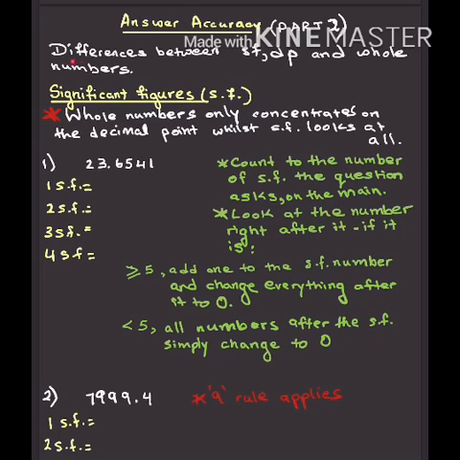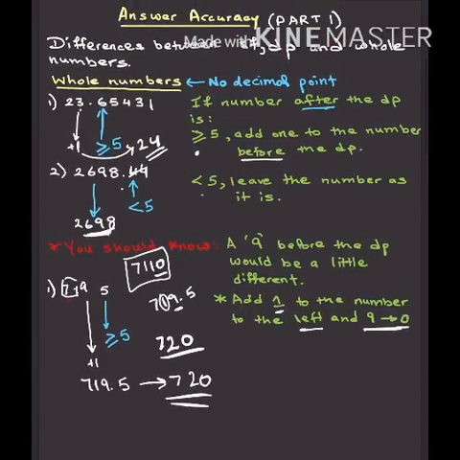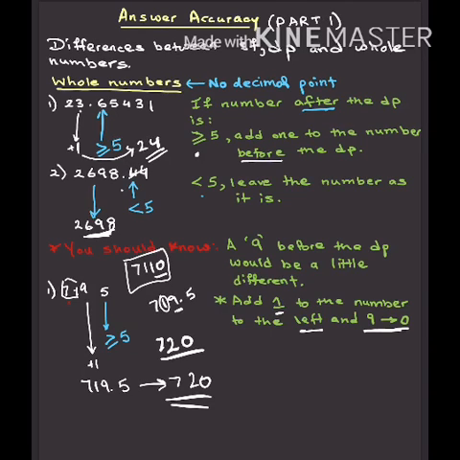Since we're talking about the differences, I have written down a difference. This is the main and in fact I guess the only difference between these two. Whole numbers only concentrate on the decimal point, this is an important thing, whilst SF looks at all. Going back to our previous video, for whole numbers the rule was, if the number after the decimal point is this and this, so we're basically just concentrating on the number after the decimal point.